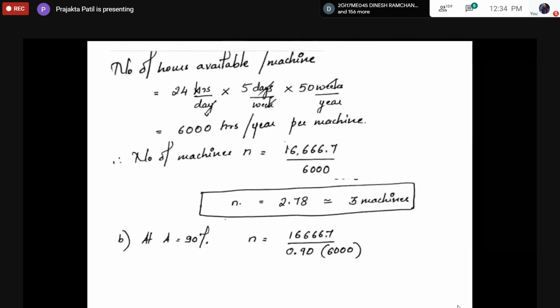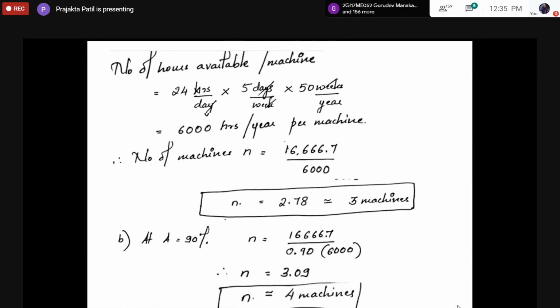So what is the value of n now? 3.08, ma'am. Yes. We have to take like 4 machines or 3 machines.